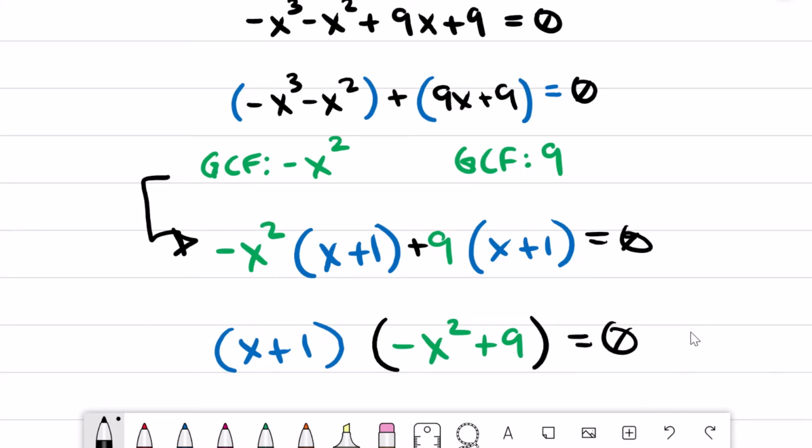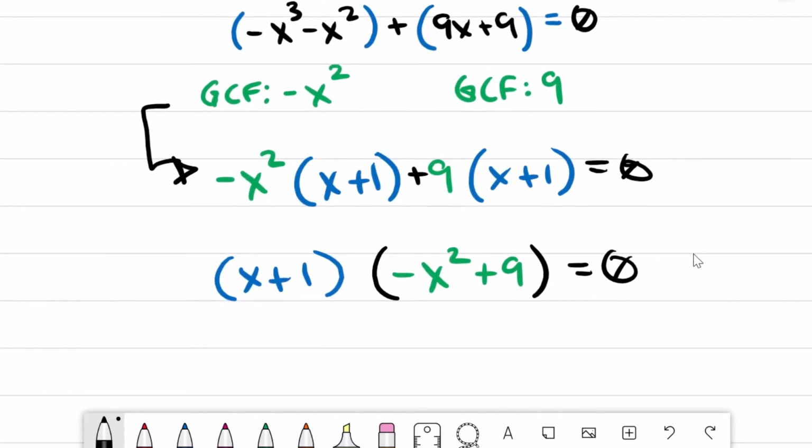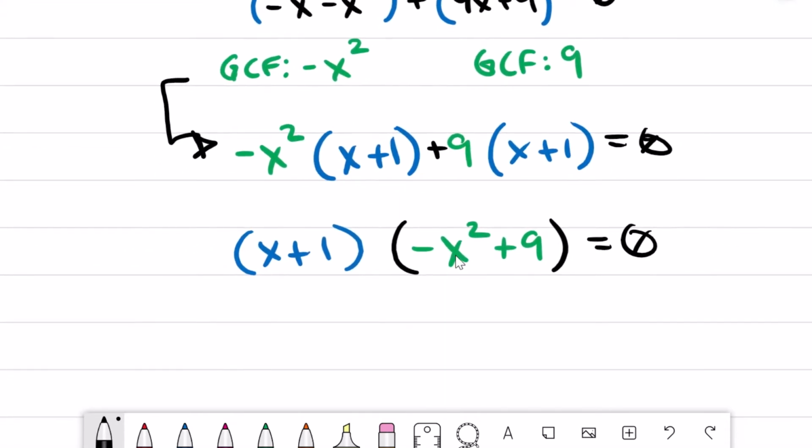Okay, so we get to this point, and you could use the zero product property from here. You could also factor this further, but for simplicity's sake, I'm going to go ahead and apply the zero product property and make each part equal to 0.